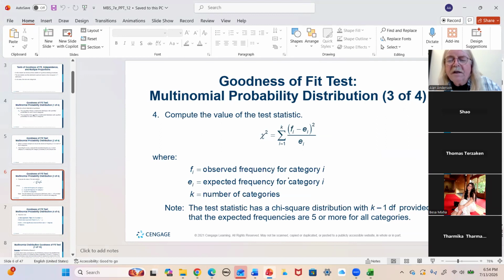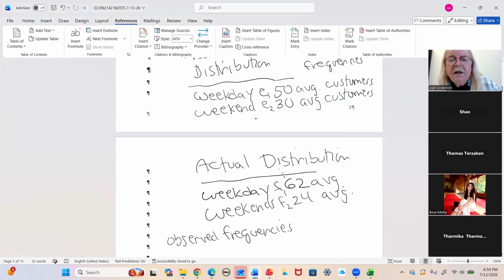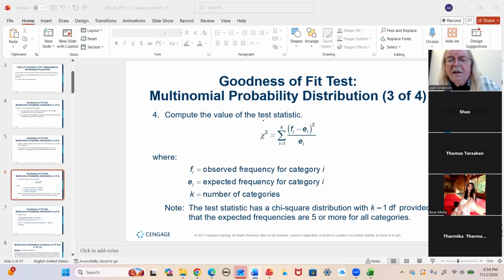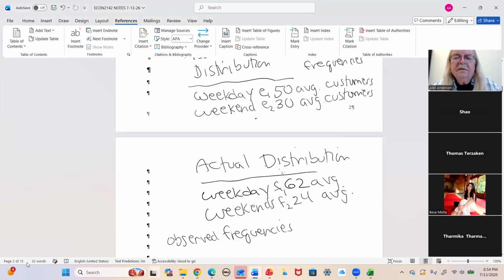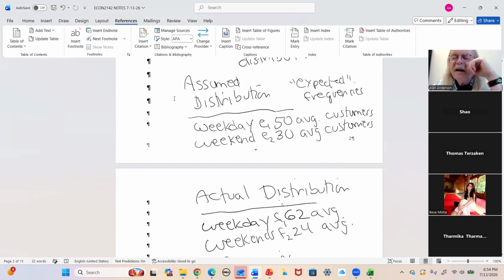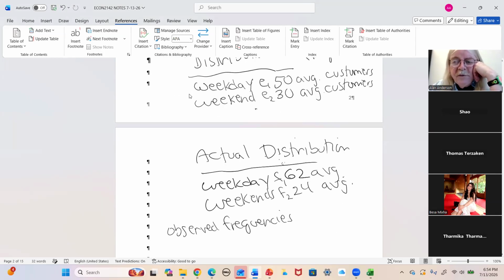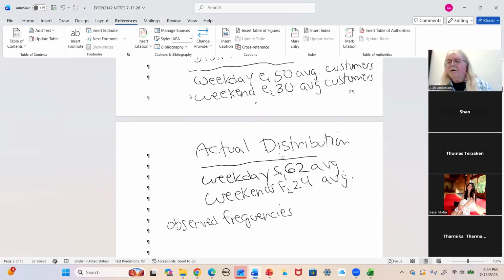So all the data is organized into categories. Here, the categories are weekday and weekend. It could be anything. But the assumption they were making, expected, is these up here. We think we understand how the customers are behaving. So this is assumed and this is actual. And we may find out that our assumptions are no longer correct. That's why we're doing this.